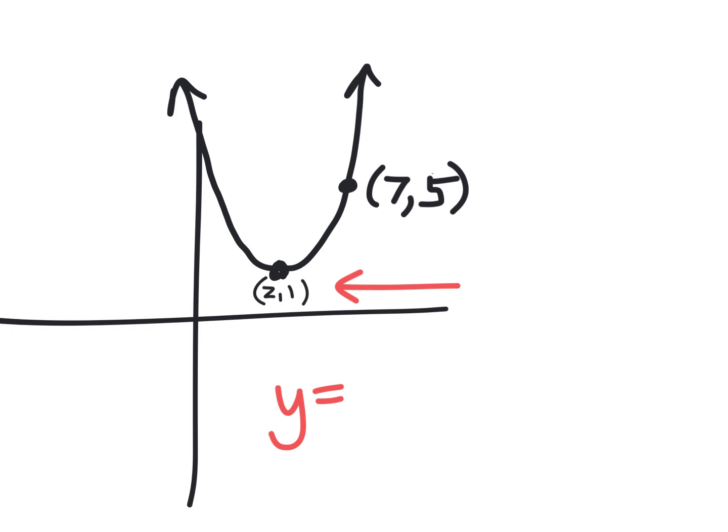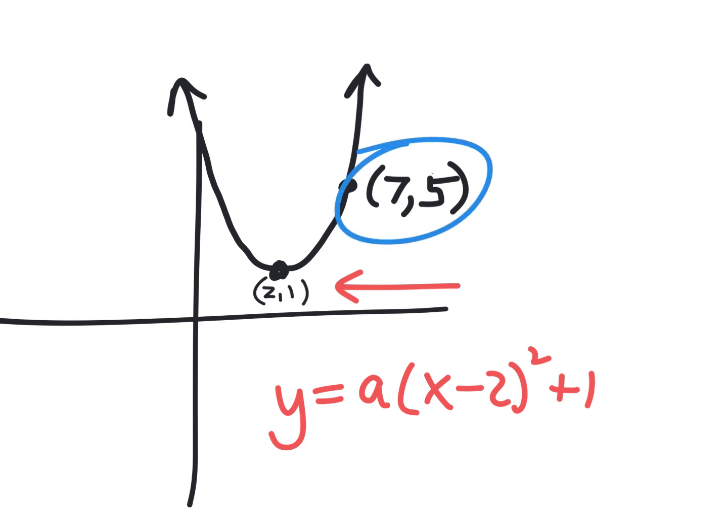Okay? 8:20. All right, so back to this. If you wrote this, y equals A, because we don't know the stretch factor, (x minus 2) squared plus 1, now the rest will be pretty straightforward. Because you obviously have to put the 7 and the 5 somewhere. Can you put them in A? No, you can't put 2 numbers into one letter, so it can't go there.